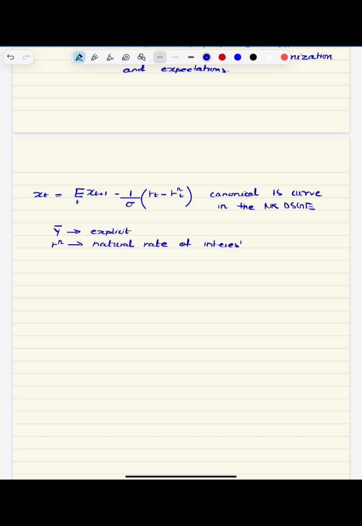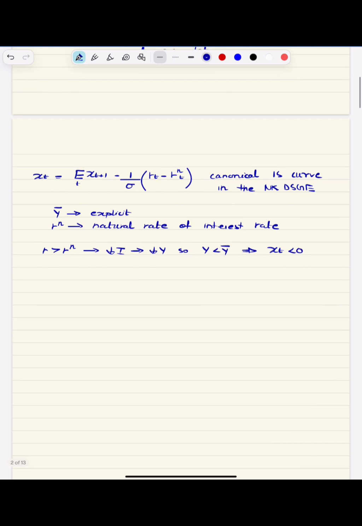And what this tells us is that whenever the interest rate is above the natural rate, we know the dynamic: investment is going to fall, which is going to lead to a fall in output, and therefore y will fall below its natural state, and therefore the output gap is going to be negative.